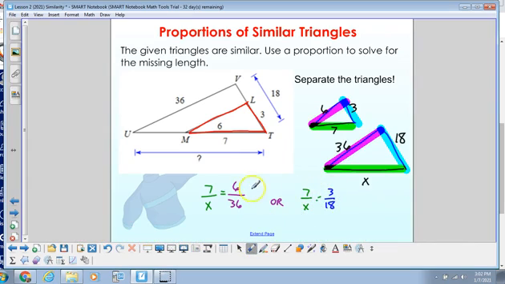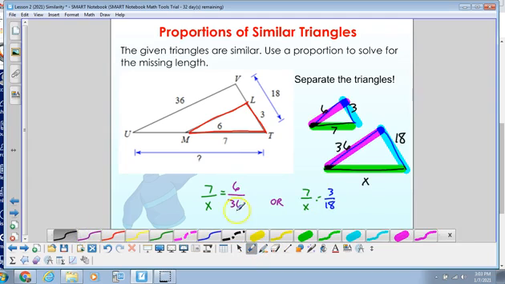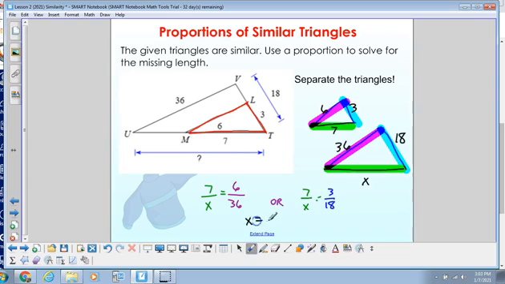How are we going to get the same answer? These ratios are the same. 6 over 36 is 1/6. 3 over 18 is still 1/6. So whichever way you go, you should still end up getting that x equals 42.